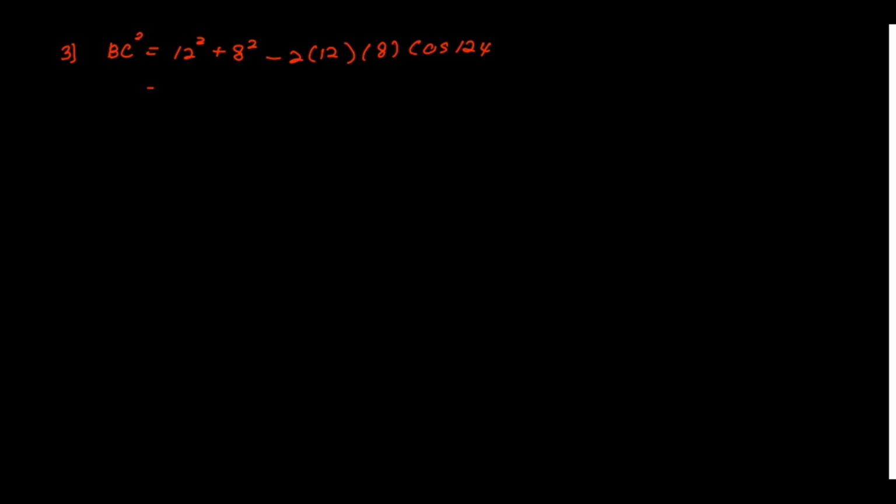So you will get BC squared equals 144 plus 64 plus 107.365, so you get 315.365.